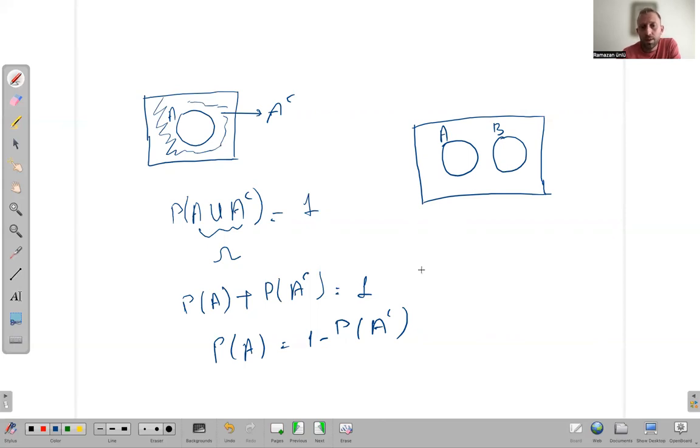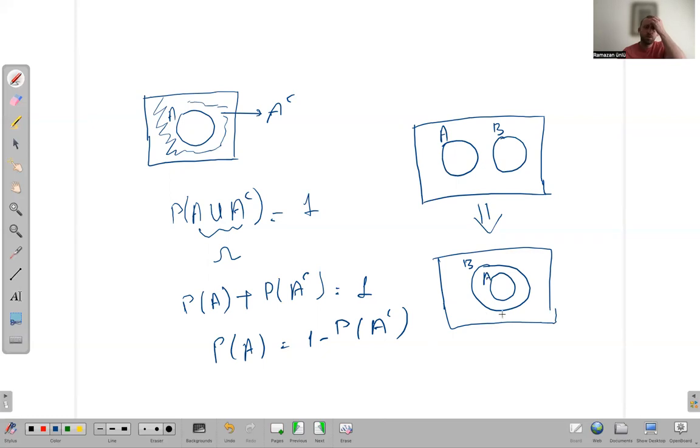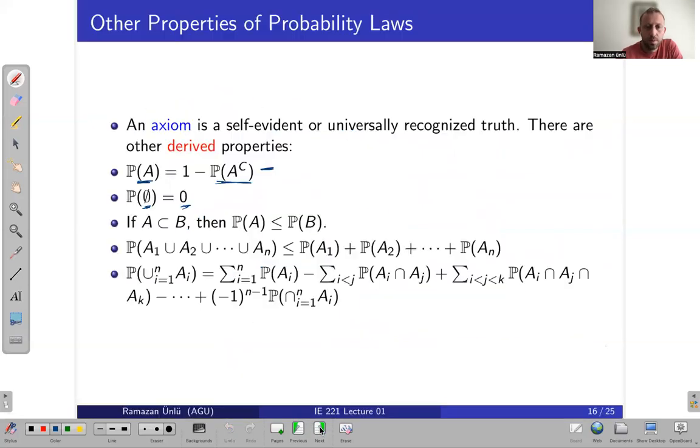But in our property, A is a subset of B, so this will be like that. This is B and this is A. So in this case, we are saying that the probability of A is less than or equal to P(B), right? Am I right? Yeah.